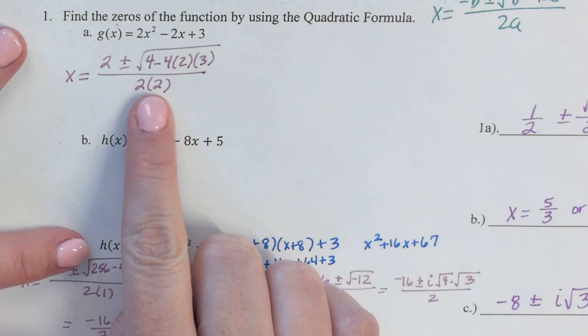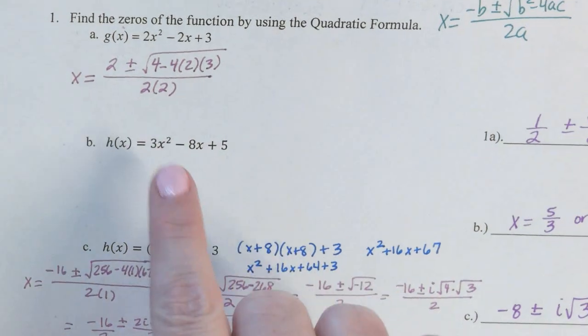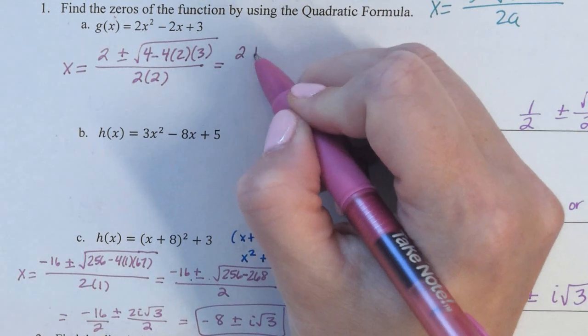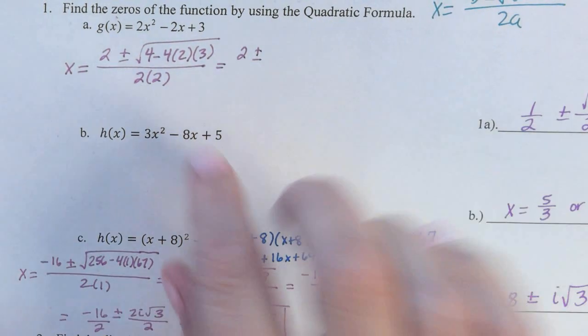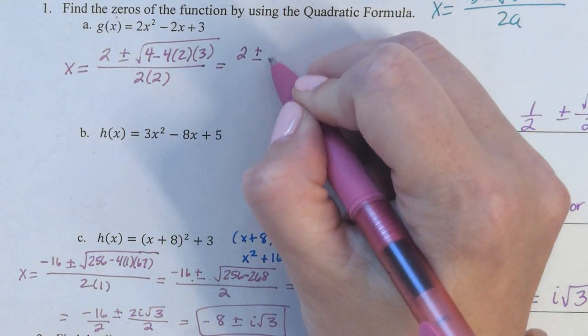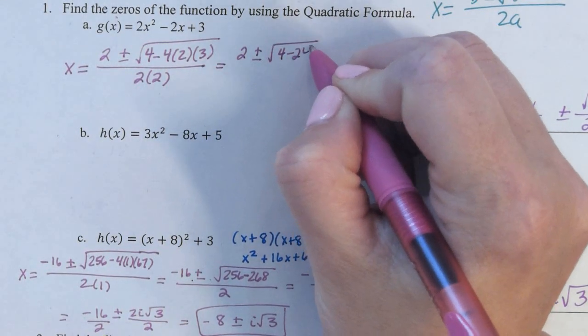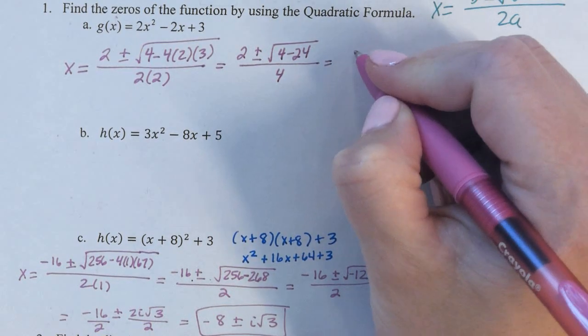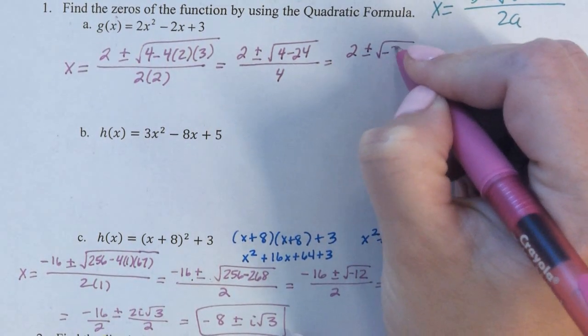Don't forget to multiply by the 2a, because a lot of times that's a 1, but it doesn't always happen like that, so just be careful. And then 4 times 2 is 8, 8 times 3 is 24. So this is really similar to the one that we just did for our warm-up.